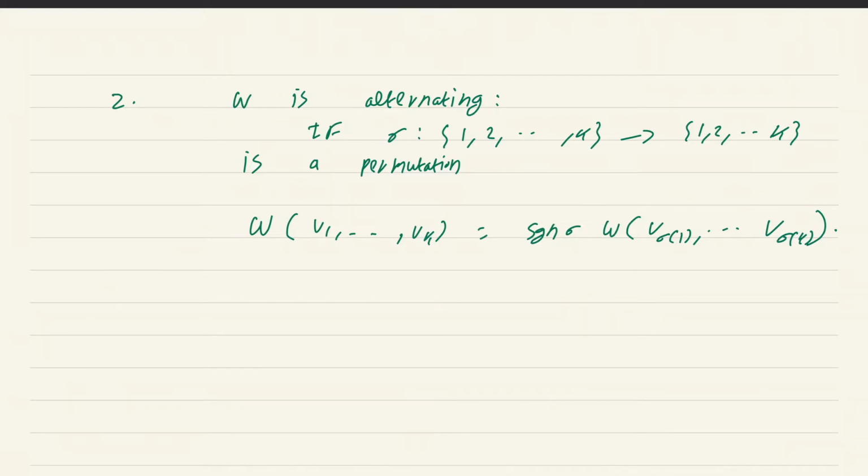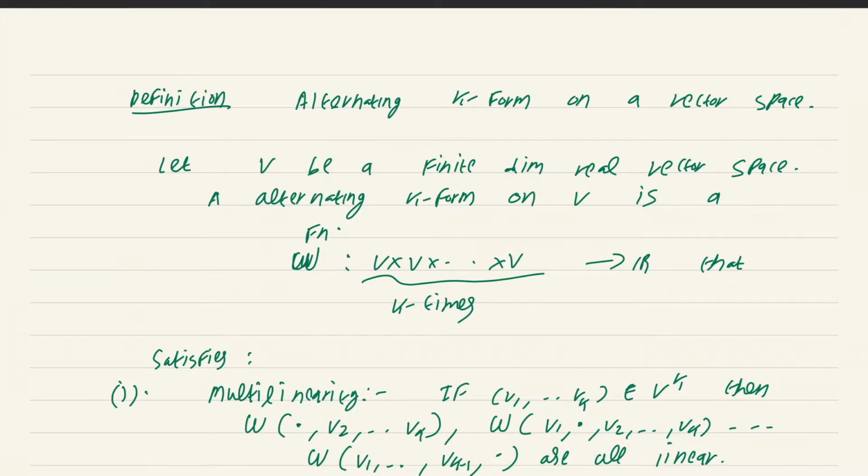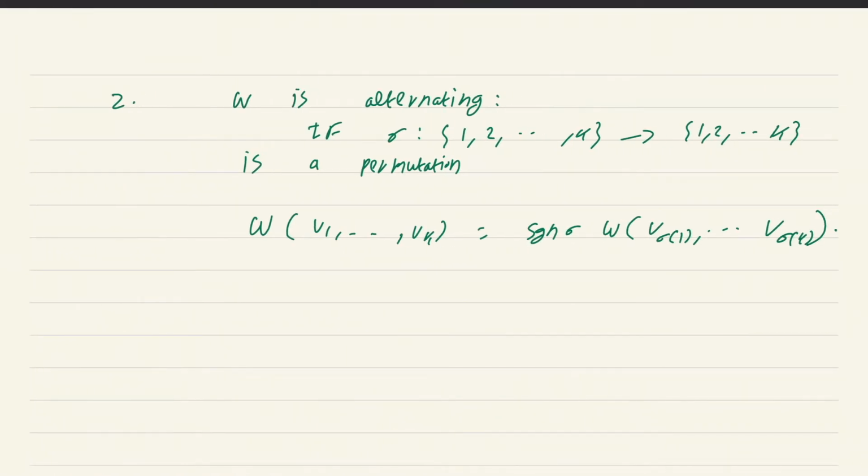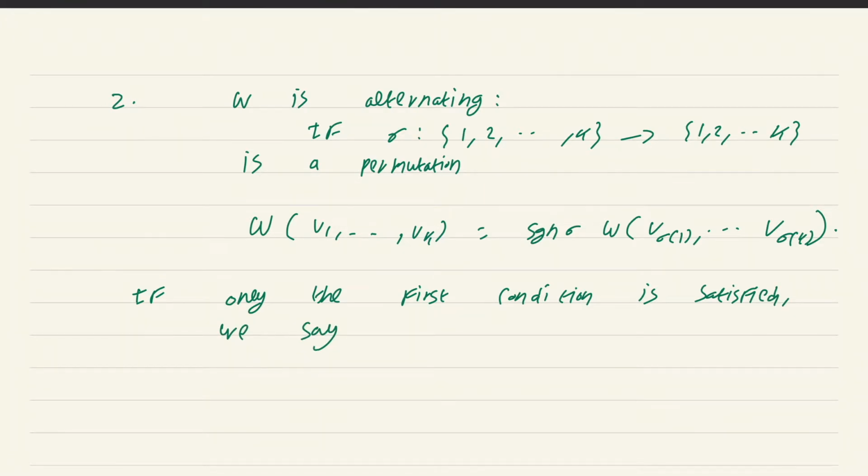Now, for convenience, let me also introduce one more notation. Just the first condition. So if only the first condition is satisfied, that is multilinearity, we say omega is a k tensor.